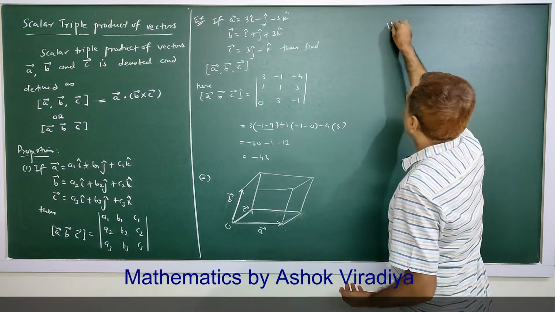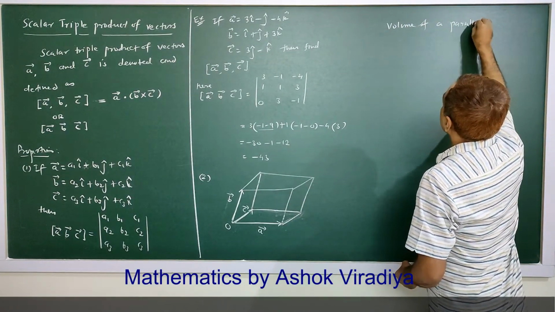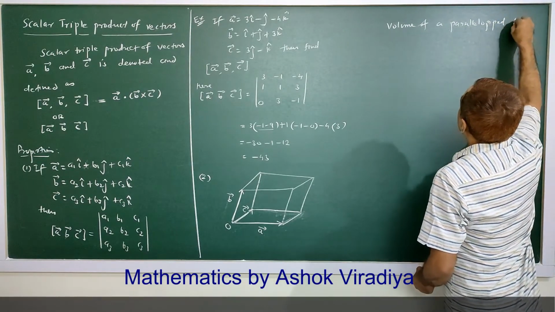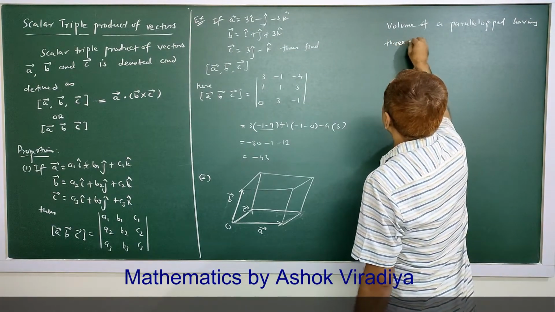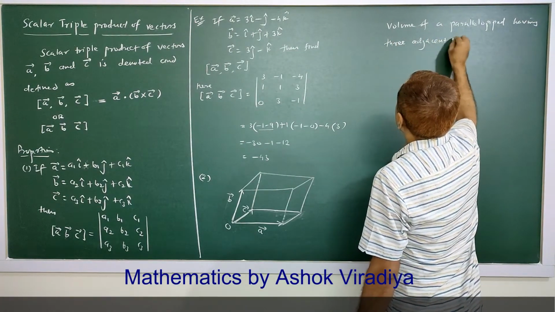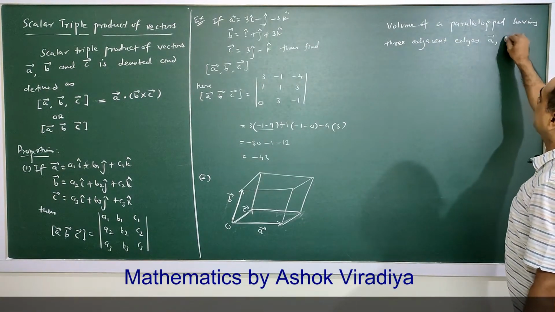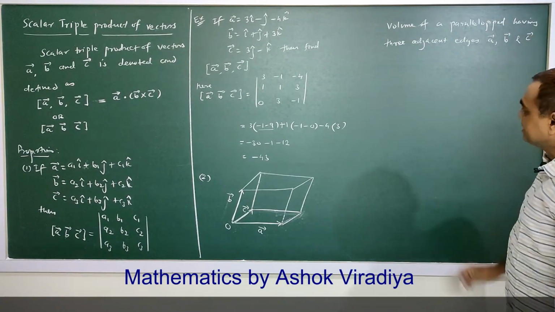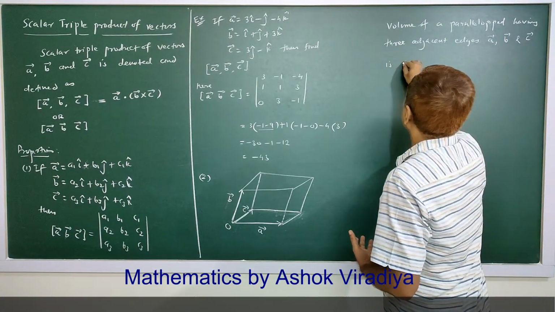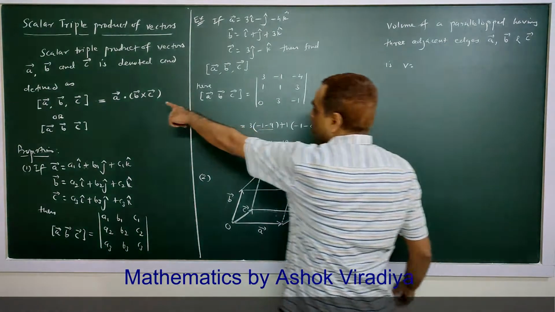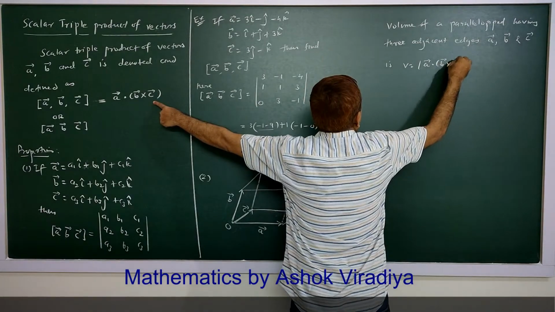So if the volume of a parallelepiped having 3 adjacent edges, vector A, vector B and vector C, these are 3 adjacent edges, is V, then V is equal to the absolute value of this scalar triple product.